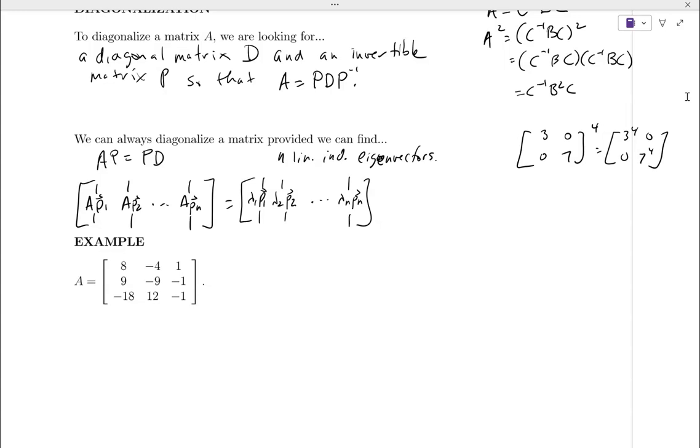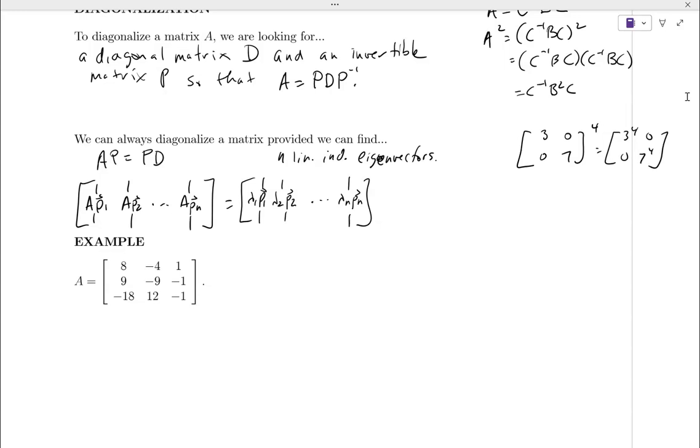So again, the reason why we would like to do this is some applications require us to take higher and higher powers of the matrix. If we can do higher and higher powers of this side instead, we notice that if we had A squared over here, we can just move the squared to the inside.